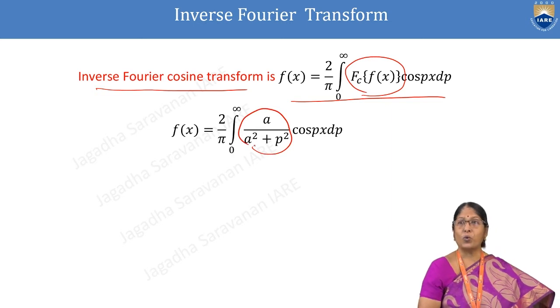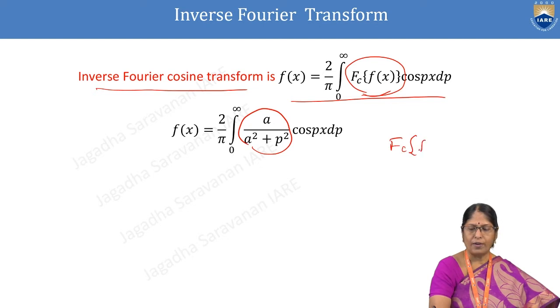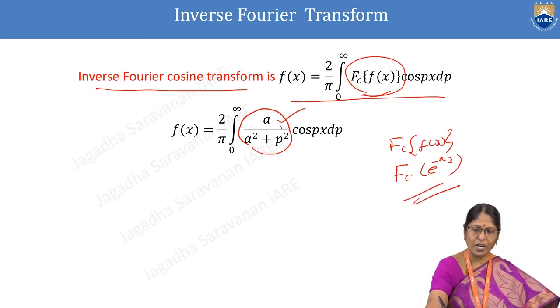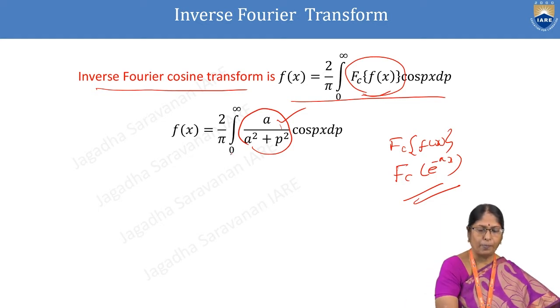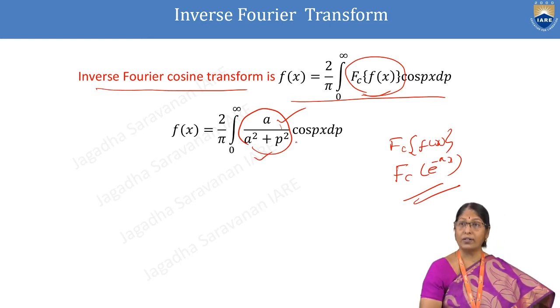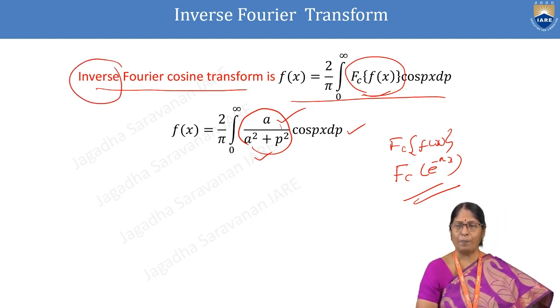We took the Fourier cosine transform of f of x, where our f of x is e power minus ax. This we did and we got this result. That Fourier cosine transform we are substituting here. So 2 by pi equal to integral 0 to infinity, that value we got, into cos px dp, because of the inverse Fourier cosine transform.